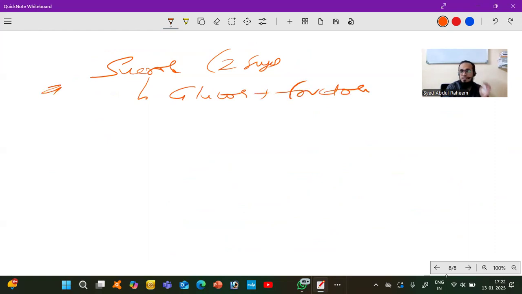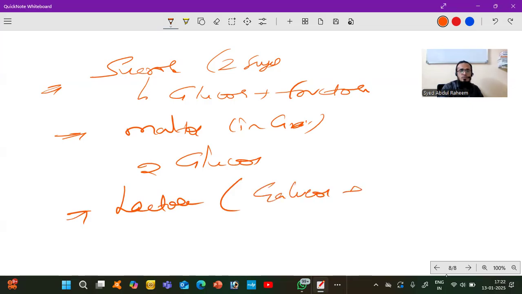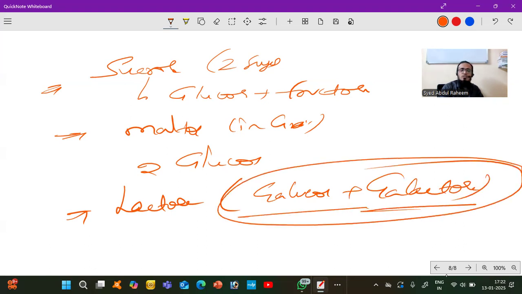This is present mostly in sugar. In maltose, in grains, we have two glucose molecules. And third is lactose, which has glucose and galactose, two molecules.